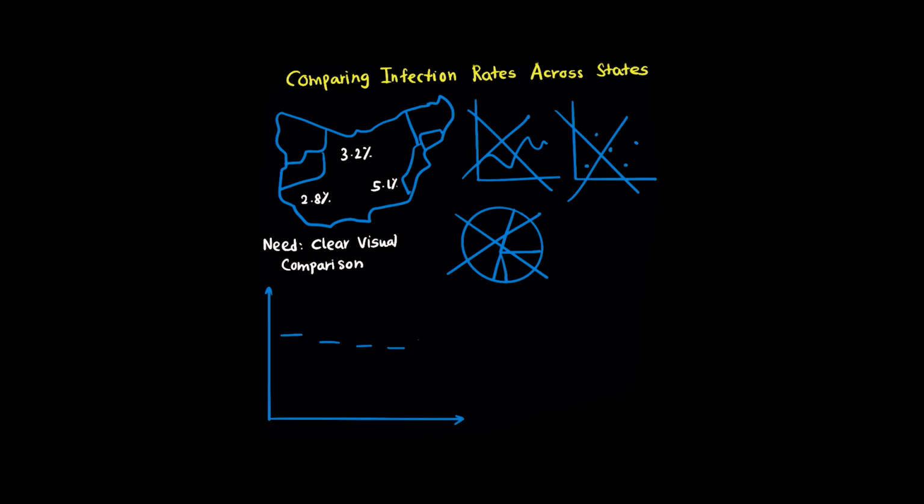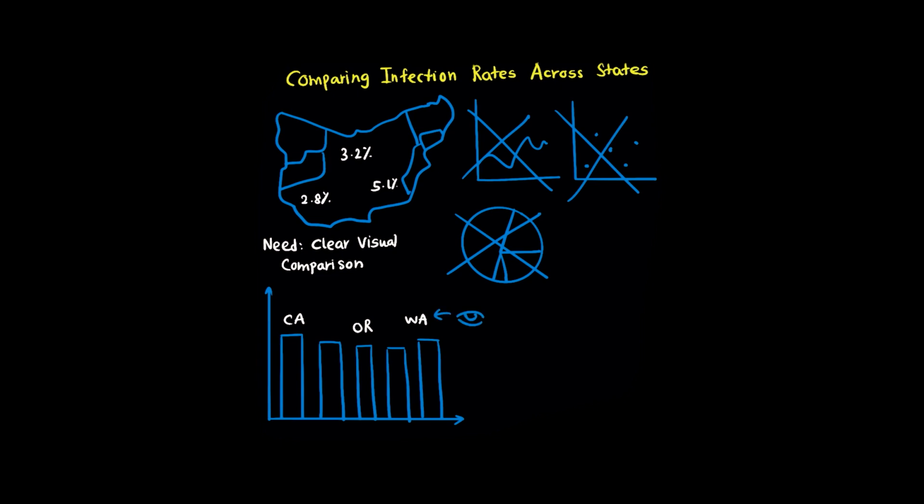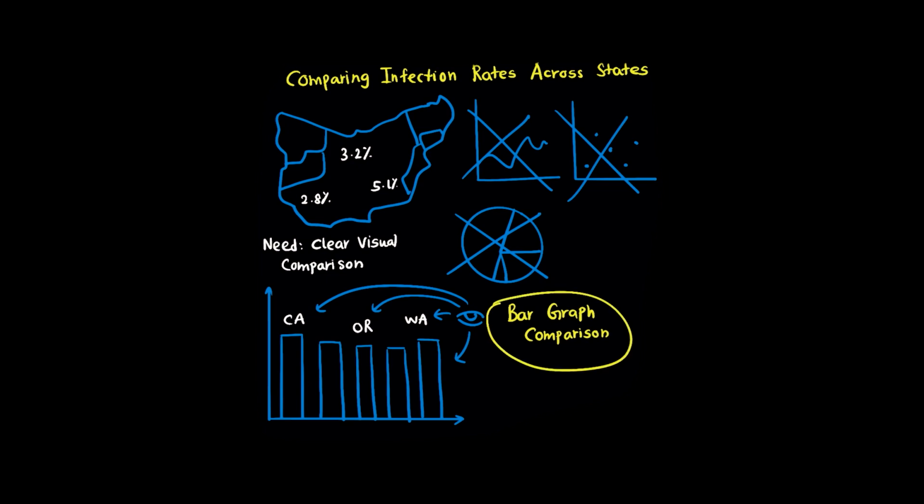Each state gets its own bar, heights immediately show which states have higher or lower rates, and viewers can instantly grasp the differences. The human eye naturally compares bar heights, making patterns obvious. California's bar is twice as tall as Oregon's? That message is immediate. This visual efficiency is why bar graphs remain the gold standard for comparing metrics across categories.